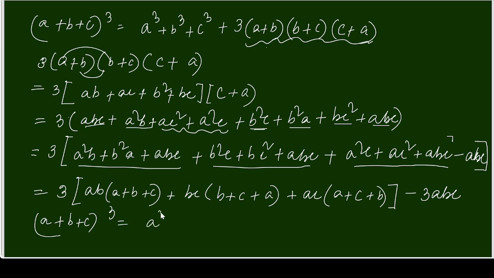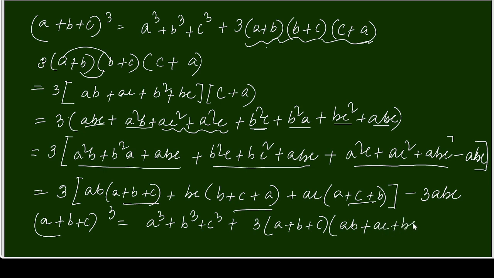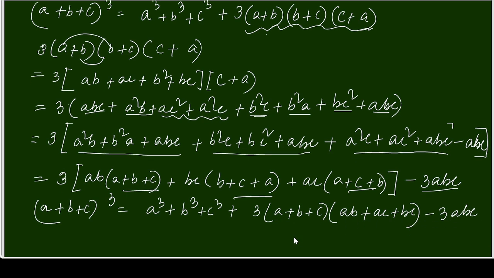So this will be A cube plus B cube plus C cube plus 3 times ABC, A plus B plus C, and I am getting AB plus AC plus BC, and what is left is minus 3 times ABC. So these values are with me.